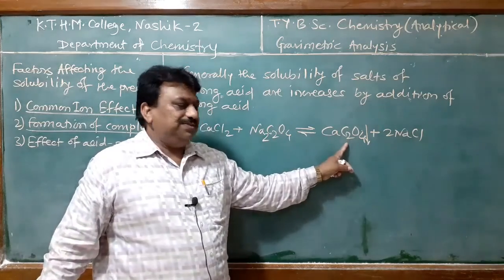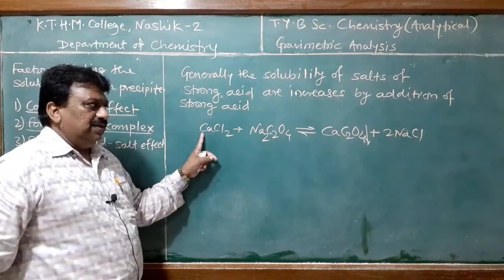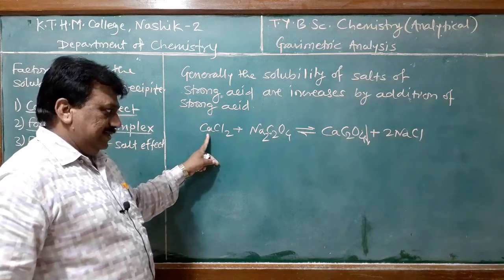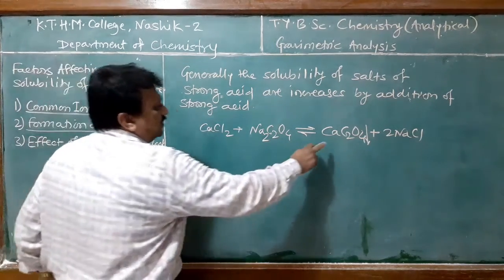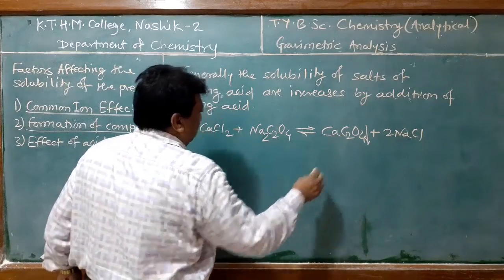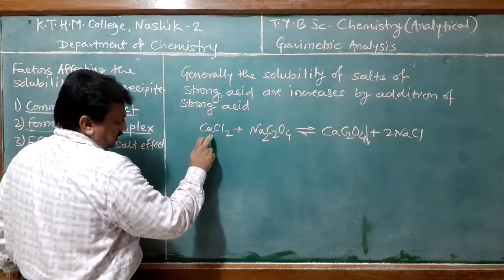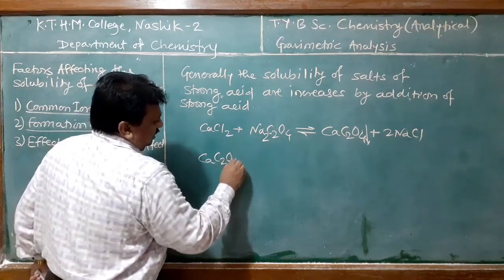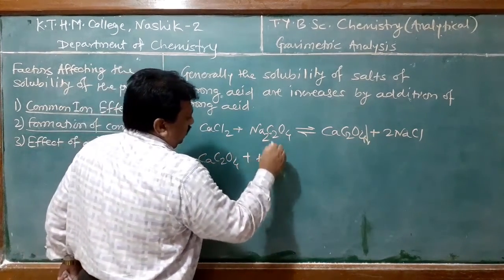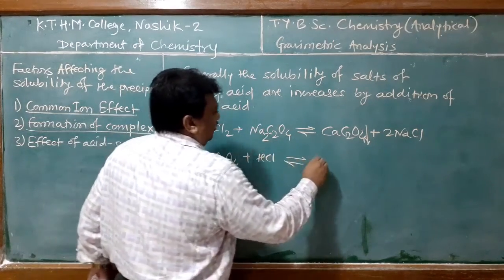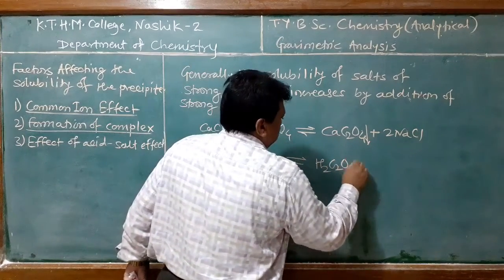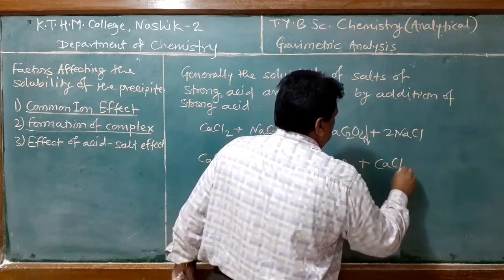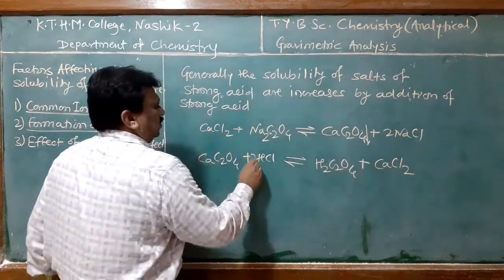Calcium oxalate is a salt of a strong acid. Therefore, the solubility of such a salt is affected: calcium oxalate gets dissolved in hydrochloric acid because of formation of oxalic acid, and here calcium chloride, CaCl2.